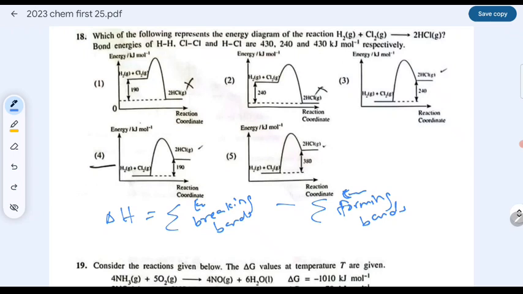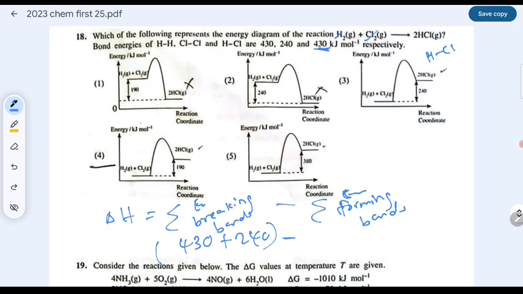So what are the breaking bonds here? The H2 bond is broken and the Cl2 bond is broken. And there is only one H2 and only one Cl2. So for the H-H bond breaking that is 430 and for the Cl-Cl bond it is 240. Minus, what are the forming bonds? H-Cl bonds are formed, and that energy is 430.